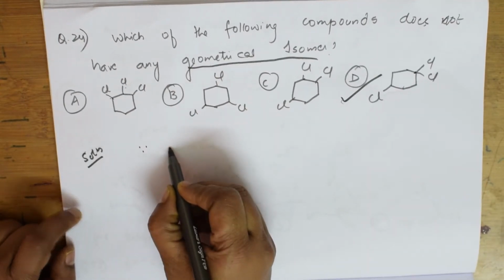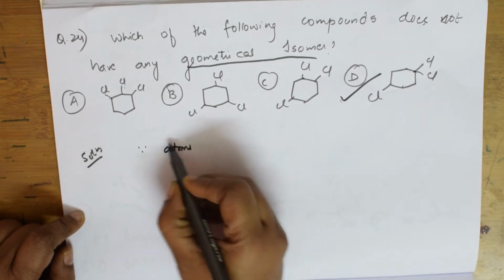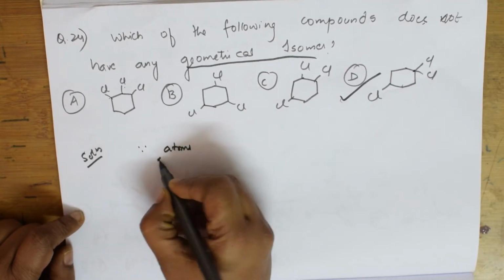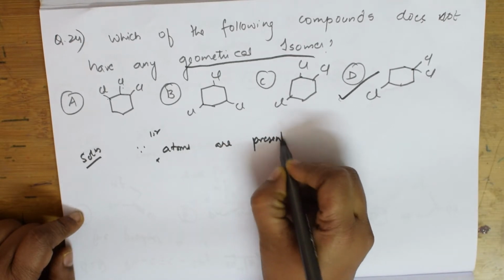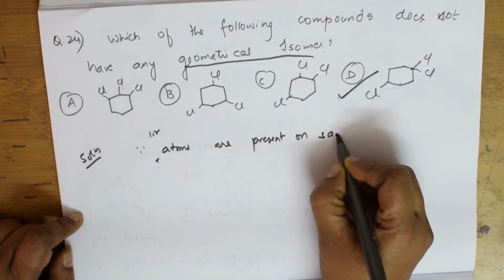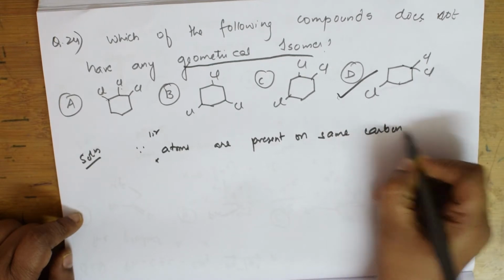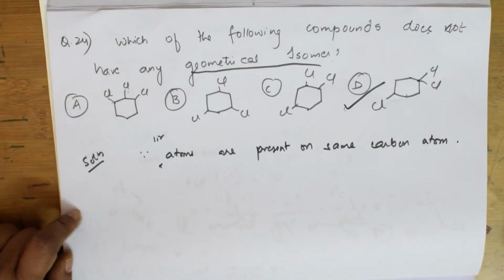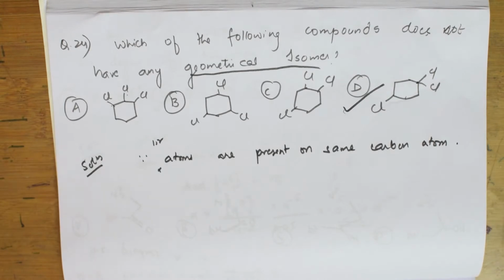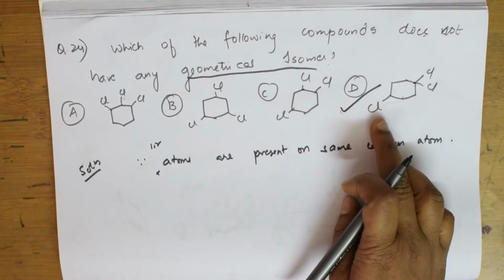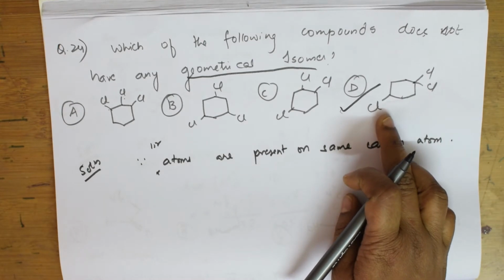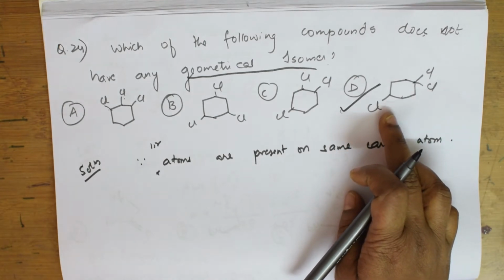Since similar atoms are present on the same carbon atom. This is what you have to remember, right, students? So this is the easiest way. Option D is the compound which will not show any geometrical isomerism.